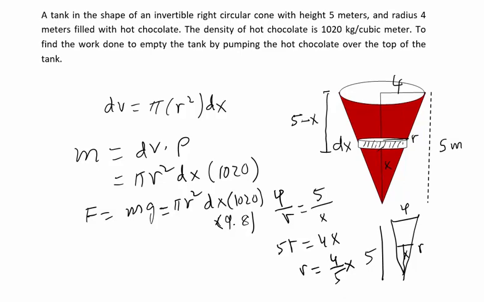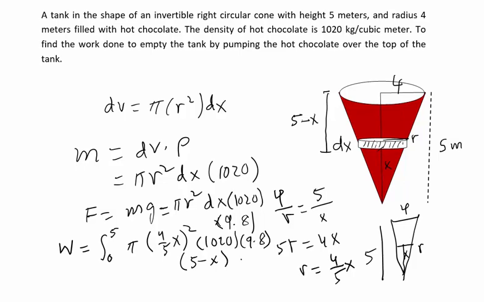Then the total work done will be the integral from 0 to 5 of the force, which is pi times r, now 4 over 5 x, squared, times 1020, times 9.8, times 5 minus x, dx.